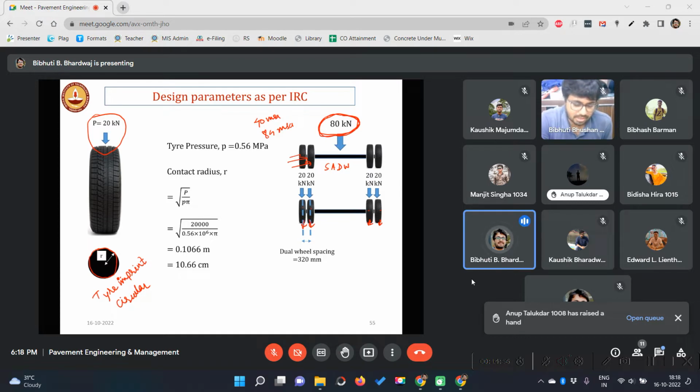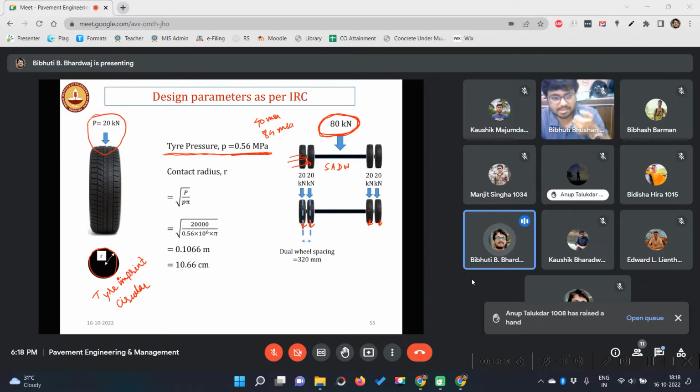Okay, so that's why it is assumed that the tire pressure for the vehicles is 0.56 megapascal. This same pressure is maintained when you go for tire inflation. So they will check the pressure, right?